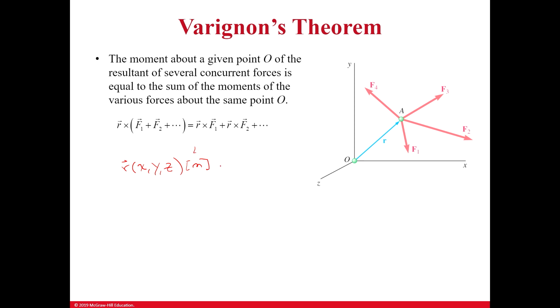And you have, this is a vector, then you have the cross product with a bunch of forces, F1 plus F2, etc. The theorem says that it's the same thing to have the vector r times each force, than if you add all the forces together and do the cross product.